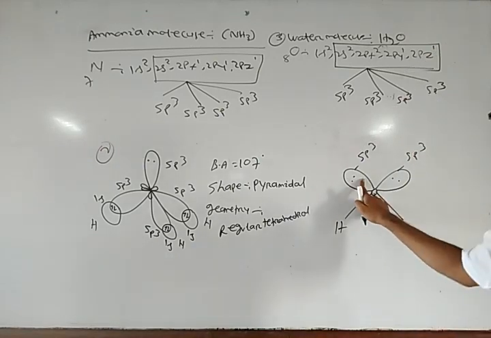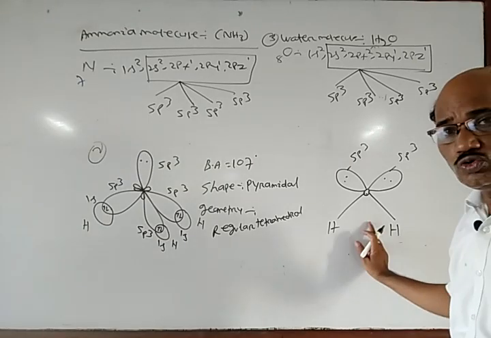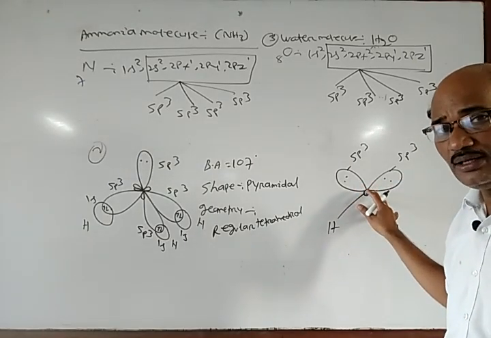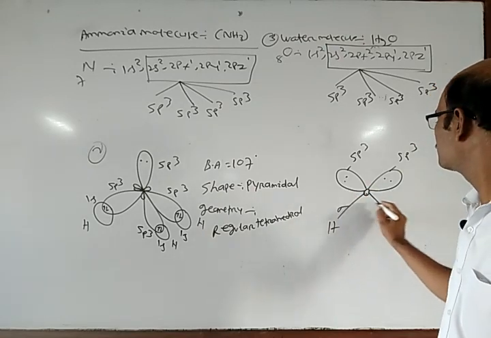So two sp3 hybrid orbitals remain as lone pairs, and the other two form sigma bonds with the hydrogen atoms.